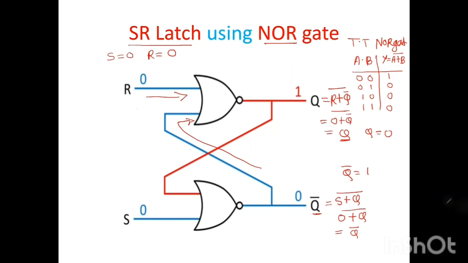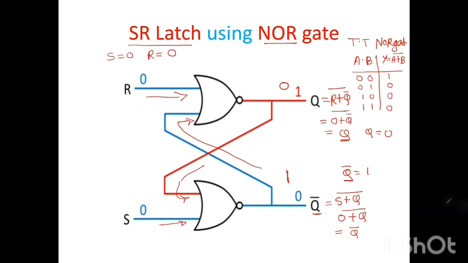Then one of the inputs is 1, and according to this truth table, in that case output goes to 0, and here both the inputs are 0, in that case output becomes 1.